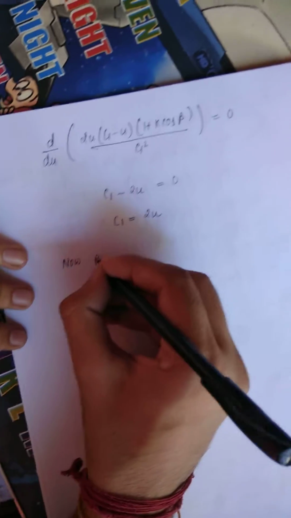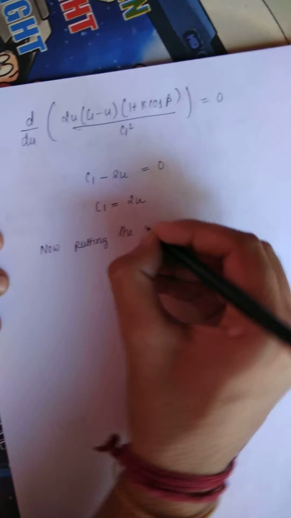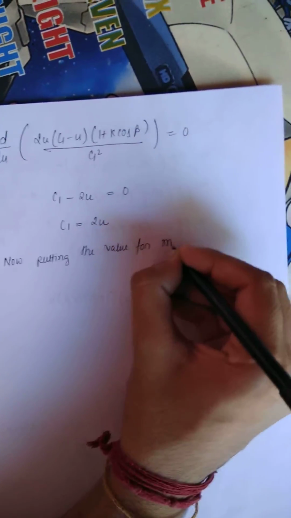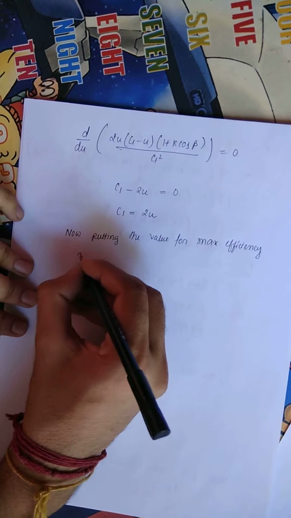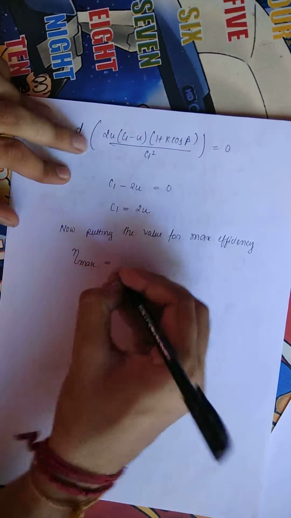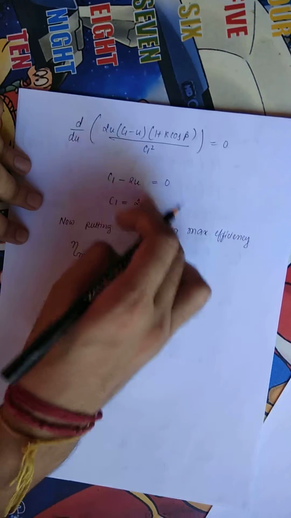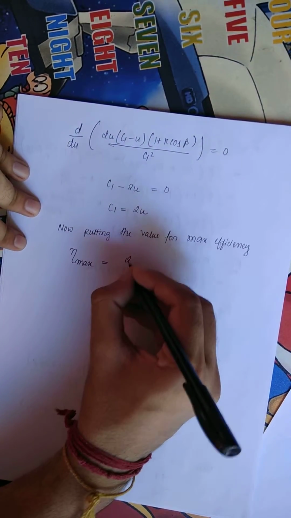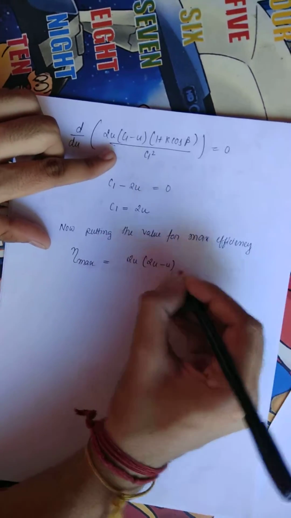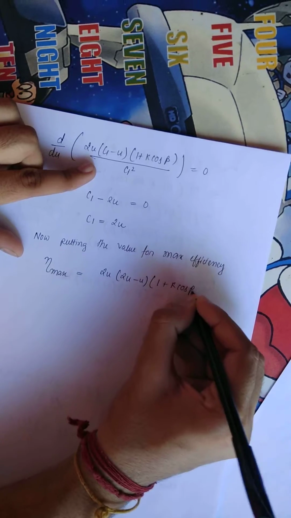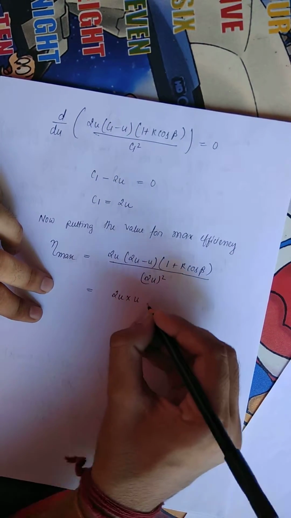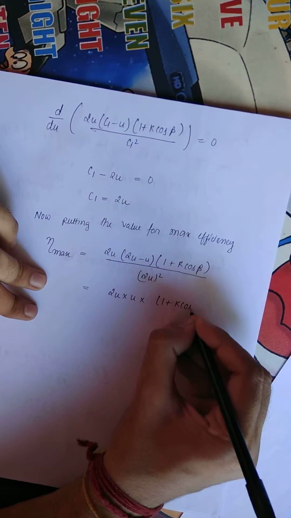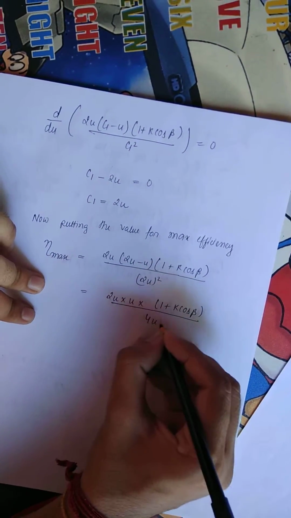Now putting the value for maximum efficiency, in place of c1 we put 2u. So we get 2u (2u minus u)(1 plus K cos beta) by (2u) whole square, which is 2u into u into (1 plus K cos beta) by 4u square.